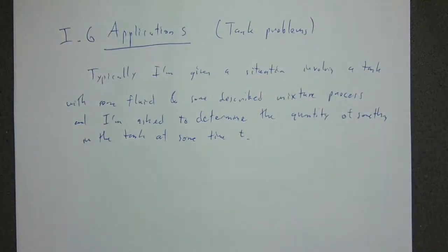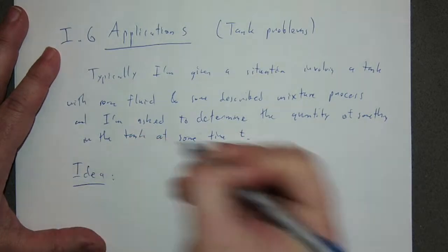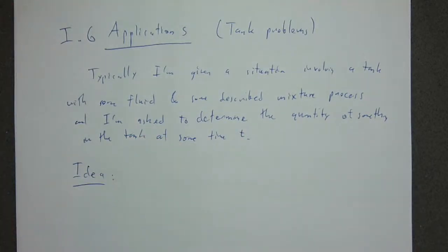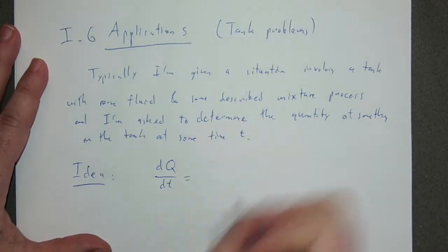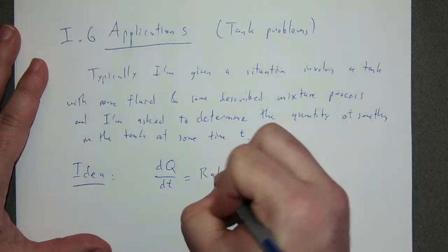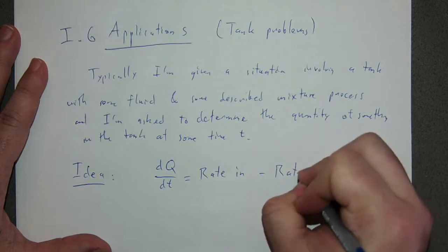This quantity I'll call Q. All right, and the idea is we will set this up as a differential equation where dQ/dt is the rate into the tank minus the rate out.